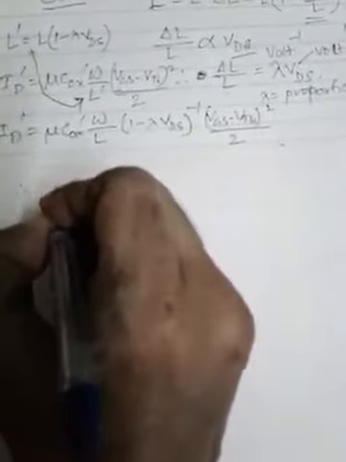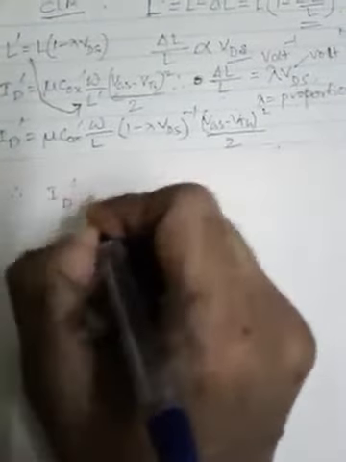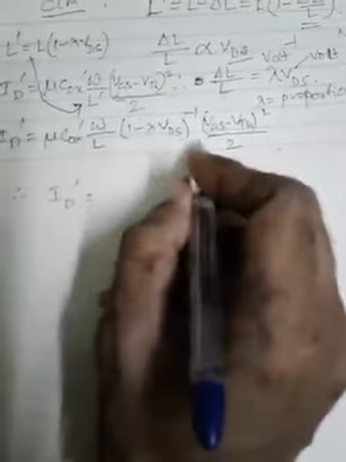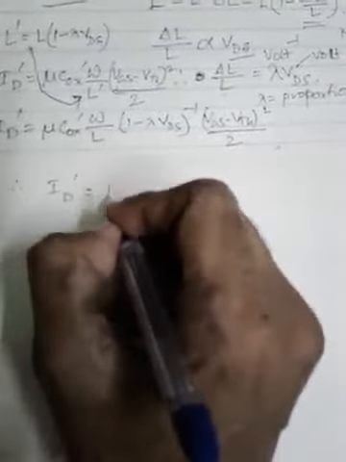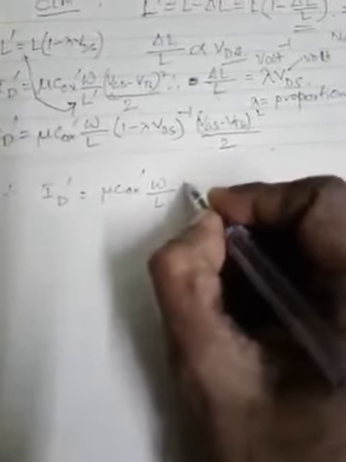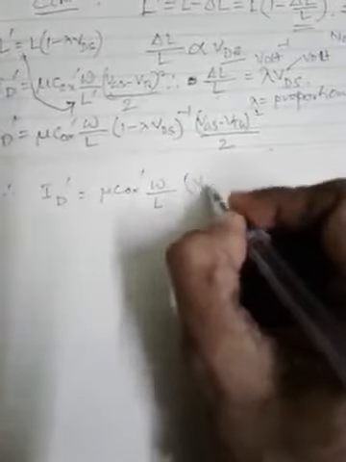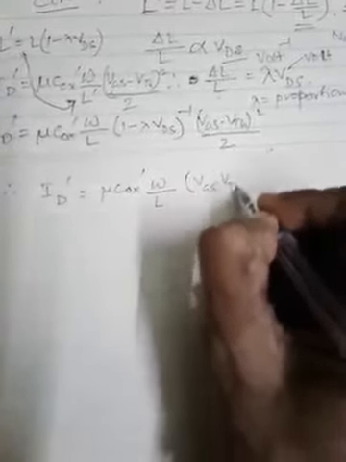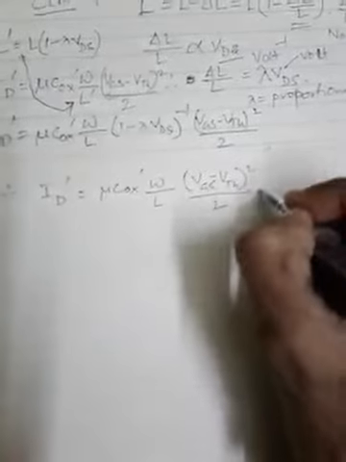We can write it like this. Therefore ID prime is equal to, rearranging this equation, mu COX prime W by L into VGS minus VTH whole square divided by 2 into 1 minus lambda VDS to the power minus 1.